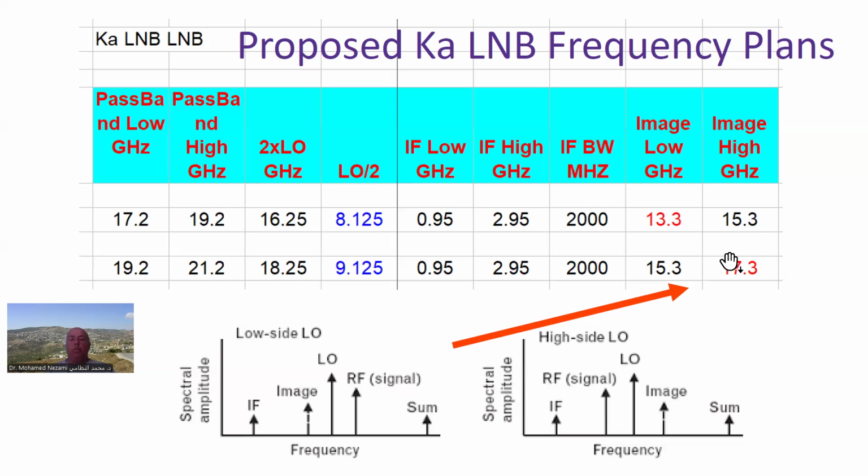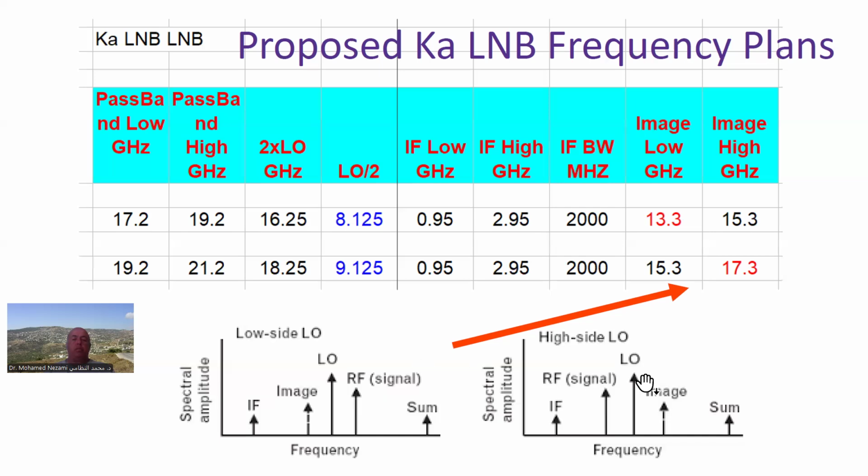Okay, so these images in here, depending on whether you're going to have a low side LO or a high side LO, will be on either side of the RF signal. Either the LO is going to be above the received signal or below the received signal.